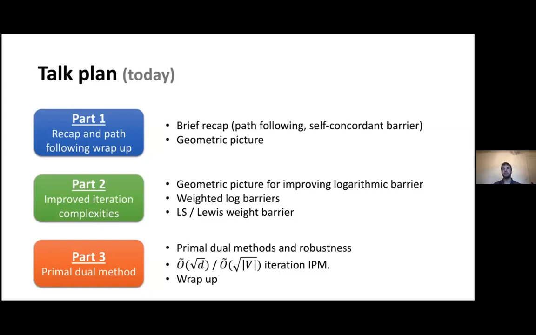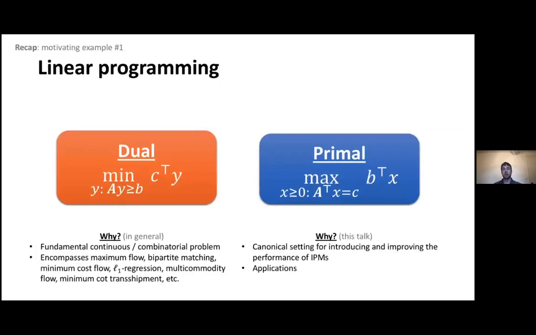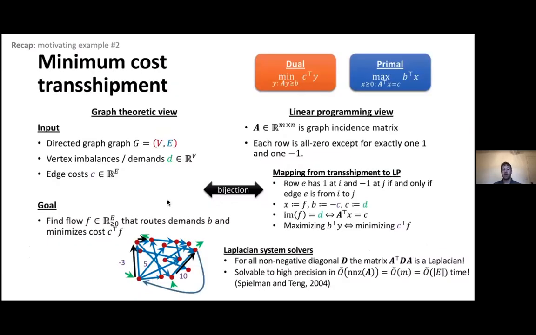All right, great. So let's remember where we were at the end of last lecture. There were 2 motivating problems we were primarily considering. We were trying to solve linear programs given in this dual and primal form, and we were trying to solve the minimum cost transshipment problem, which was simply the special case of linear programs in this dual and primal form, where the constraint matrix A is the incidence matrix associated with a graph, meaning it's a matrix where every row had exactly one +1 and one -1.